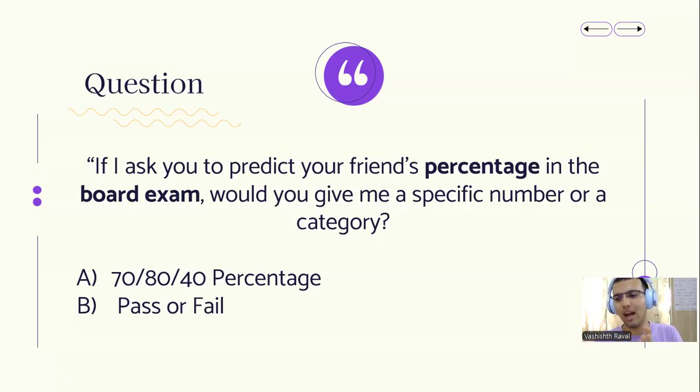And if I want to predict a category, if he's going to pass or fail, or if he's going to get distinctions, or fail in the exam, or first class, second class, or something like that, that will be a category, right?